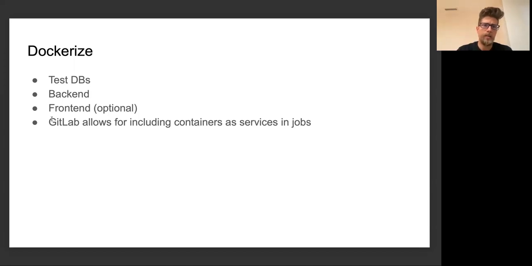And luckily, inside GitLab CI, you can include different containers as services that are made available when you are running your jobs. This means that, for example, backend and databases, everything is started, let's say, natively by GitLab.